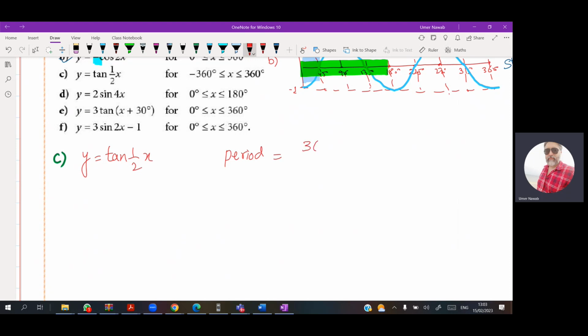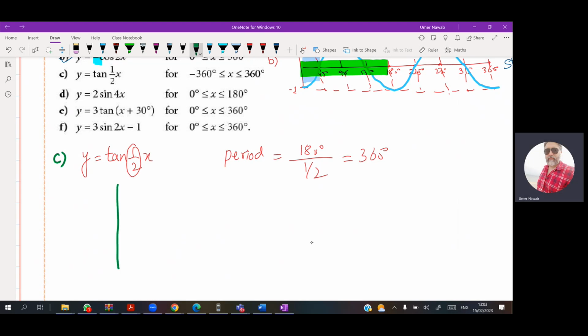Don't write 360. That would be wrong. You have to write 180 for the case of tan, because the period of tan is 180 degrees divided by the frequency, because half is your frequency. So it tells you 360 degrees is the period. The complete tan will be formed from 360 degrees, the period.